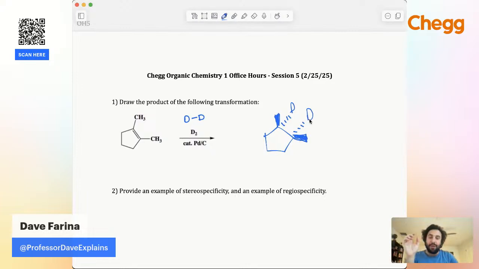That means these methyls end up cis to one another. Cis is terminology that refers to a molecule. Syn and anti refer to a reaction. Cis and trans refer to a molecule, the spatial orientation of groups on a molecule. So these methyls end up cis because the deuterons end up cis. So there's your hydrogenated product. The pi bond is gone, and we get a cycloalkane.